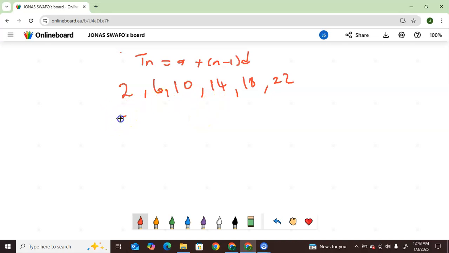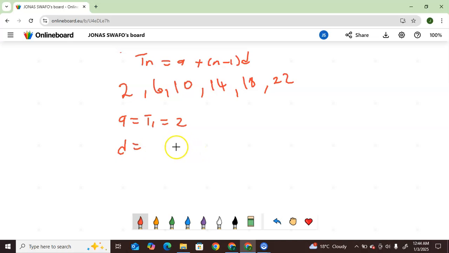So we know A is equal to T1, and from this sequence we can see that the term number 1 goes to 2, right? So now let's also find D. What is D? D is the common difference. How do we get the common difference?